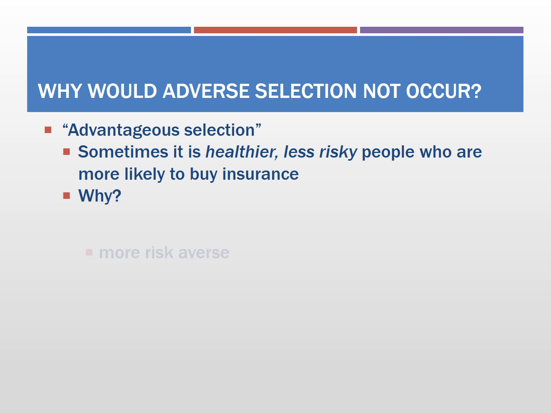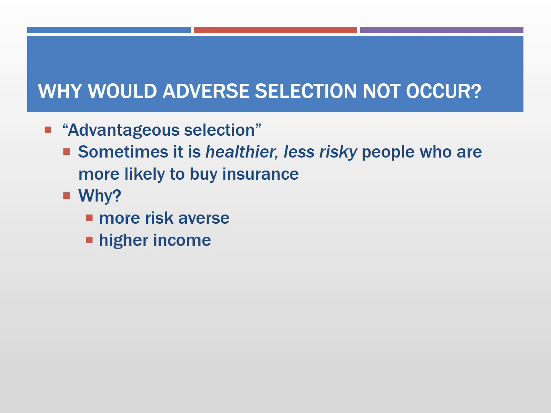For example, it could be that the person is more risk averse. This risk aversion drives this person to still want to purchase insurance even at a very high premium, just to take all the uncertainty out with this high premium price.